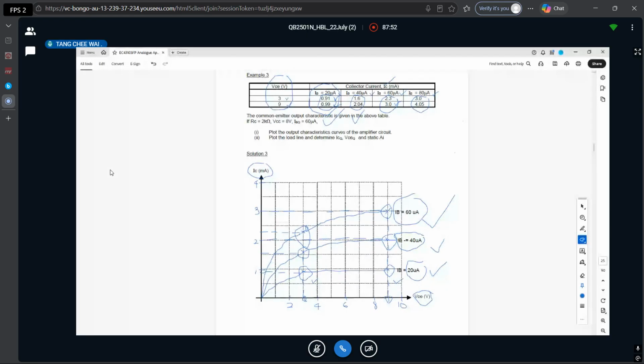For the last one here, where IB equals to 80 microamp. The last column, where will be my first point? No attempts?